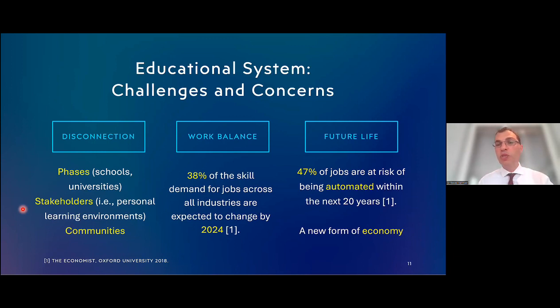The second one is about the work balance. We focus more on education. Luckily in the UK, for example, we've seen some movement toward apprenticeship courses, toward internships, toward a kind of life education and work balance, what we teach students, and also linking our content with what we do in the market. But still, with that large number of initiatives, we still have statistics telling us that 38% of our graduates by 2024 will not be able to meet the job skills, which for me is a very horrific percentage.